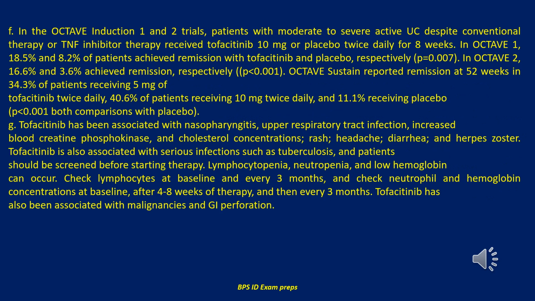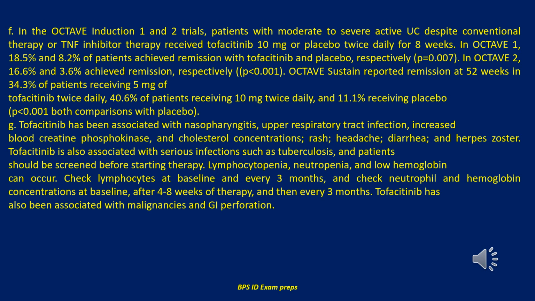F. In the OCTAVE Induction 1 and 2 trials, patients with moderate to severe active UC despite conventional therapy or TNF inhibitor therapy received tofacitinib 10 mg or placebo twice daily for 8 weeks. In OCTAVE 1, 18.5% and 8.2% of patients achieved remission with tofacitinib and placebo, respectively. P-value equal to 0.007.